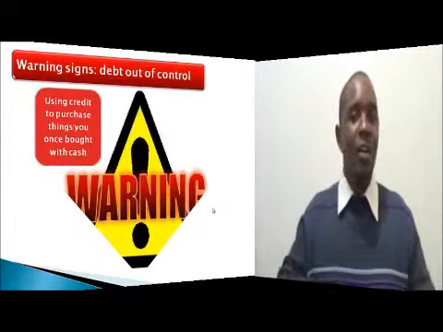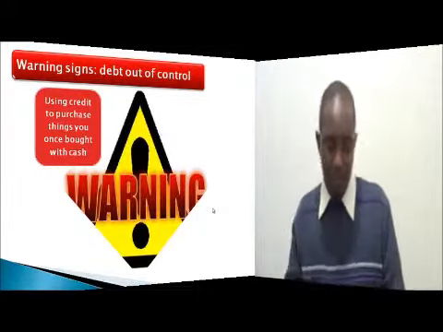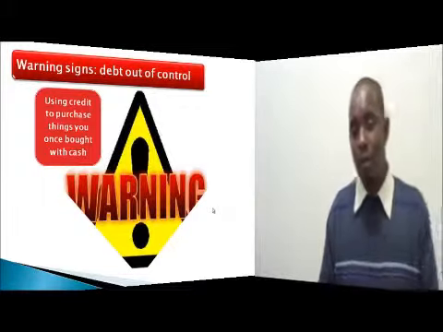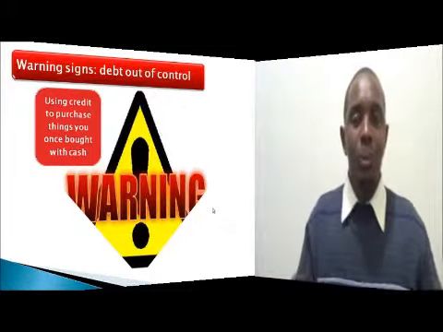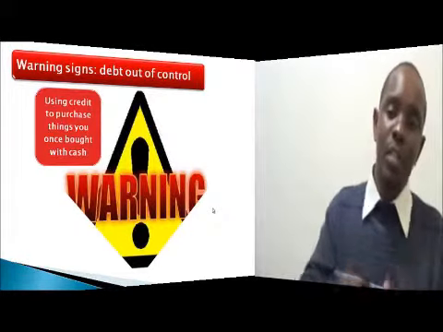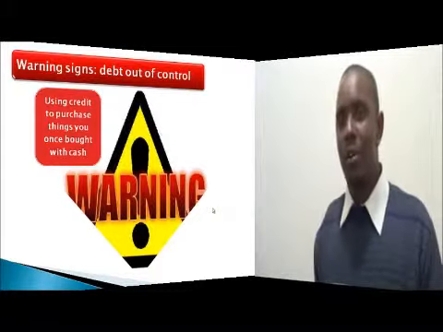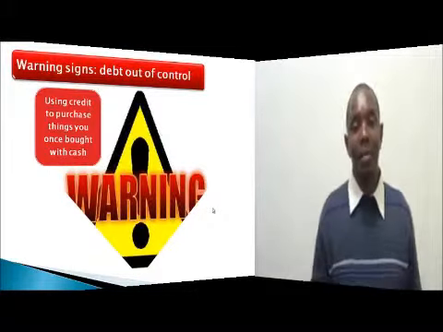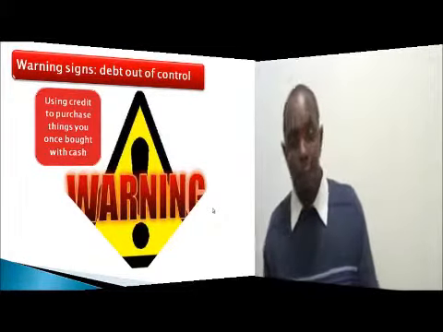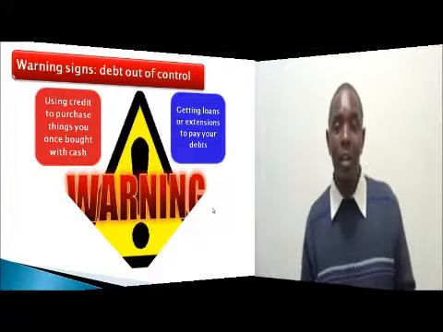If you used to pay your bills, buy food, or plan and buy things in cash, and now you've gotten to a point where you rely on debt, or you have to borrow in order to purchase something that you once bought with cash, then that's a warning sign.